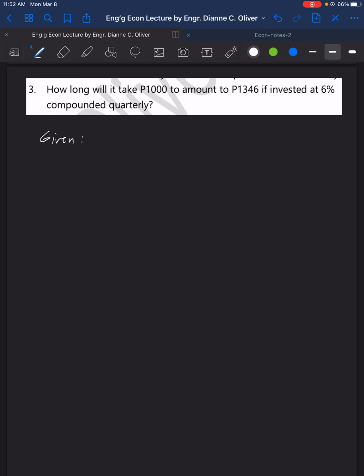Given here is P, the present worth of 1,000 pesos, and the future worth of 1,346. We have the nominal rate of 6%. So M here is quarterly, 4. How long? It's asking for the number of years.